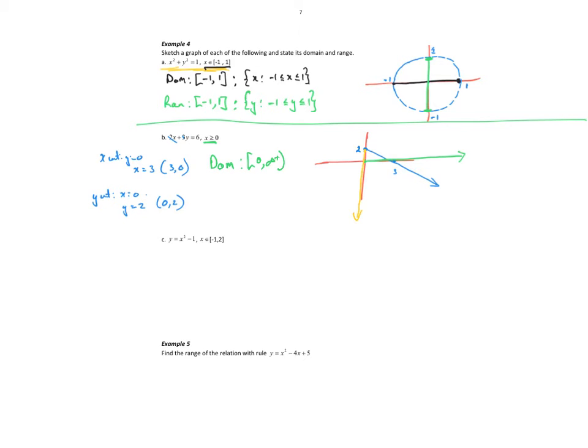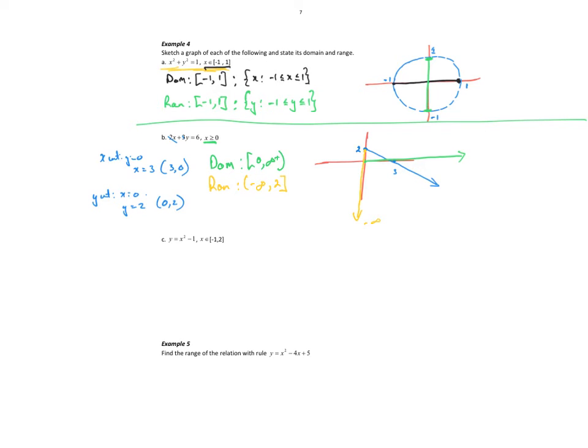The range of the values, which is in yellow, the highest value is 2, the lowest value is down here at negative infinity. So I'm going to put from minus infinity up to positive 2. Remember, it's always the lowest number first.